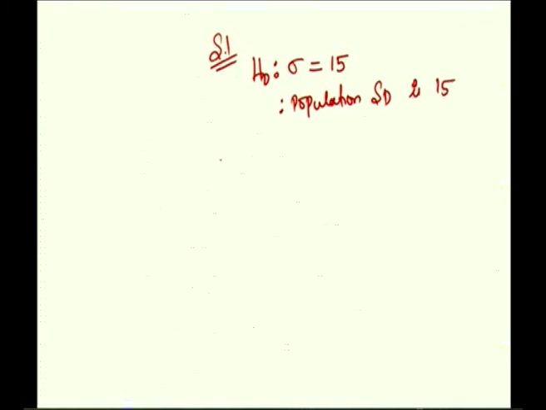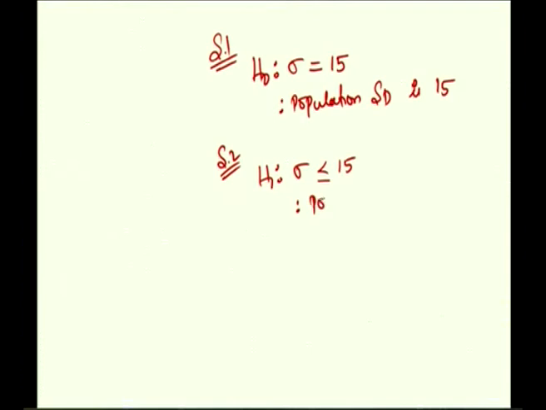Okay, so let us go ahead with the procedure of the test of significance, where in H naught we usually fix the variance value. Since you are asked to test the standard deviation, H naught will be testing the standard deviation value. So, sigma is equal to 15, that is, the population standard deviation is 15, against H1, specifically asked in the question, to check whether it is less than 15.